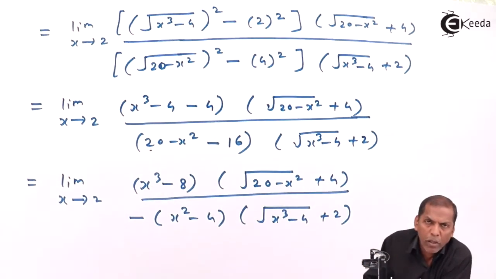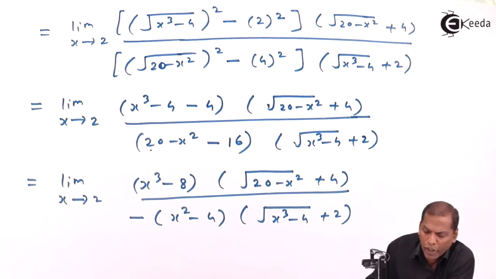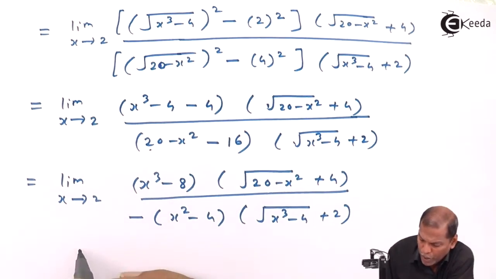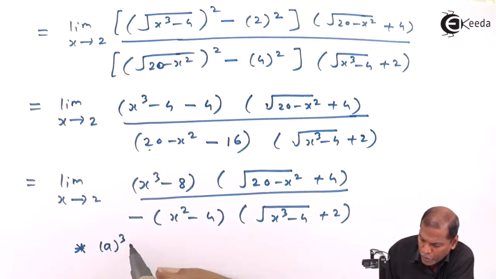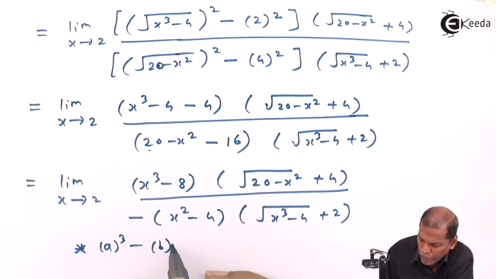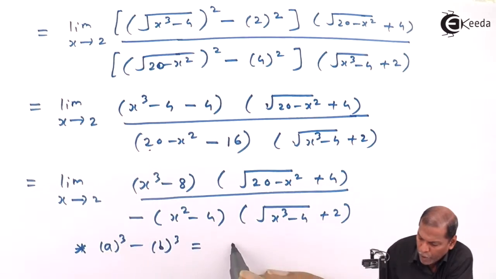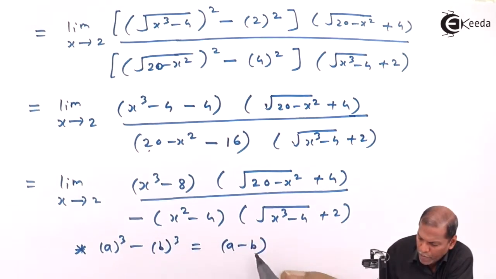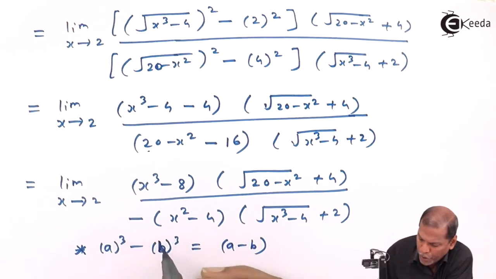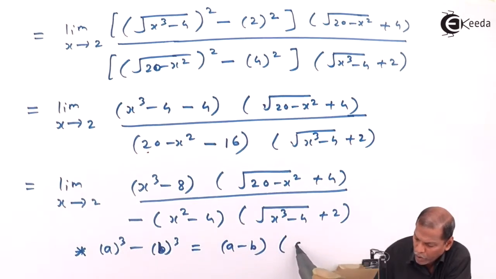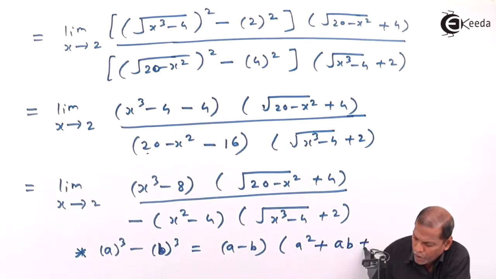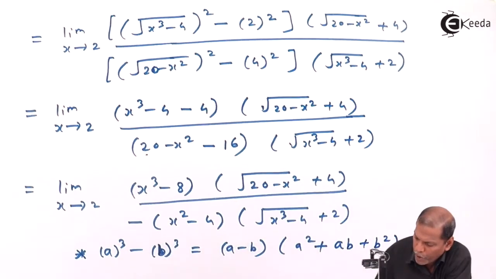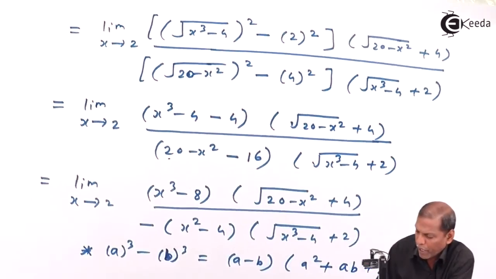Now the term x cube minus 8 in the numerator is of the type a cube minus b cube, having two factors: a minus b in the first bracket, then a square plus ab plus b square in the second bracket.